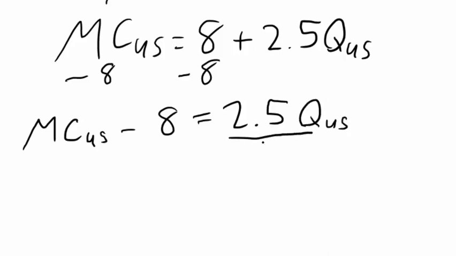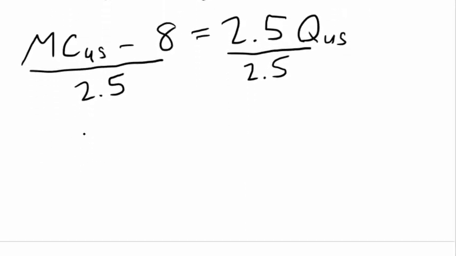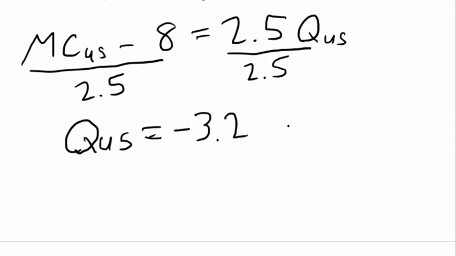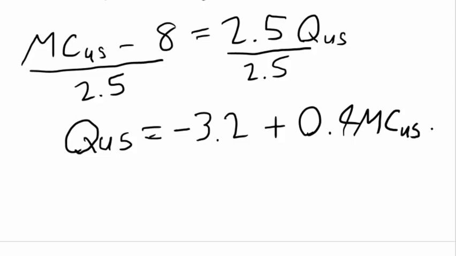And then if we divide both sides by 2.5, we are left with a quantity for the United States of negative 3.2 plus 0.4 times the marginal cost for the US factory.